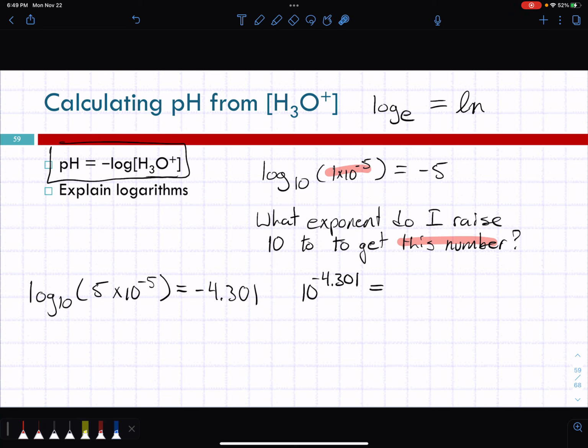Oh, I did that wrong. I need 10 raised to the negative 4.301. So then I get, there's a little bit off because of rounding error, but 5 times 10 to the negative 5.